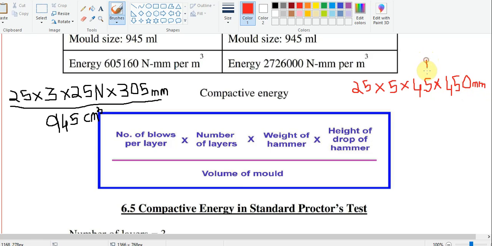The weight is in terms of Newton. And volume of the mold remains the same. It is 945 centimeter cube.